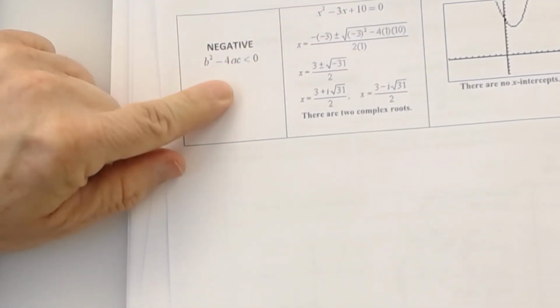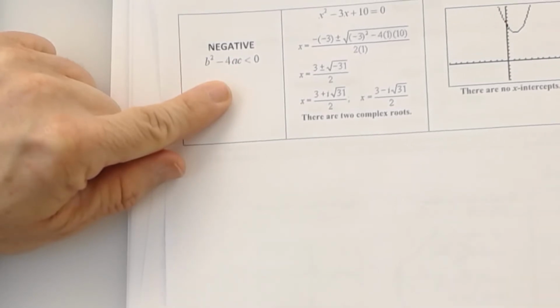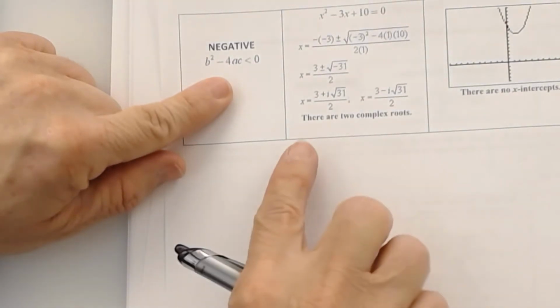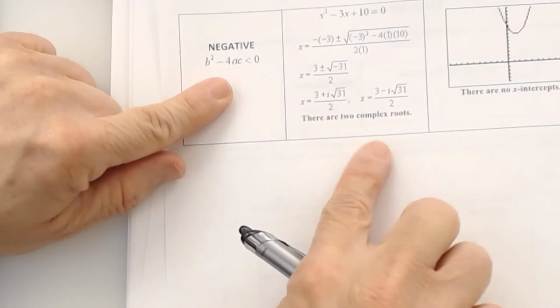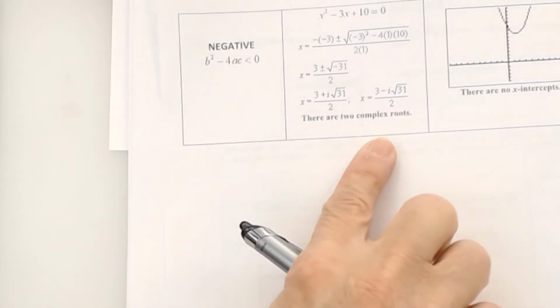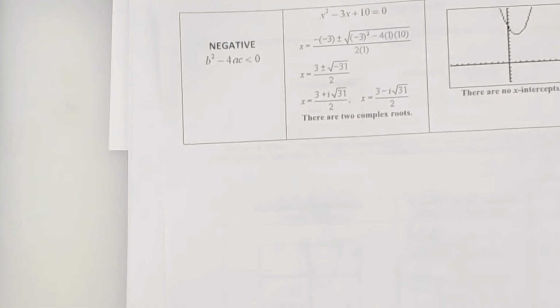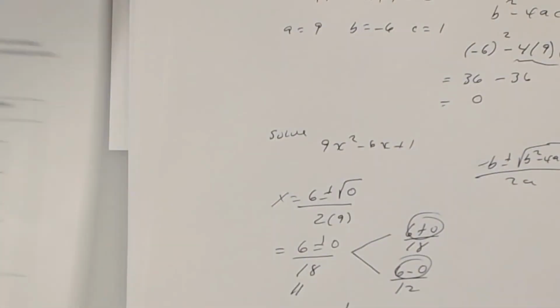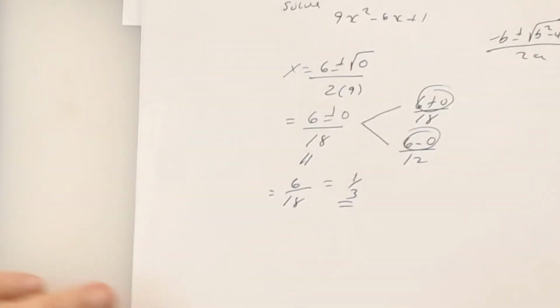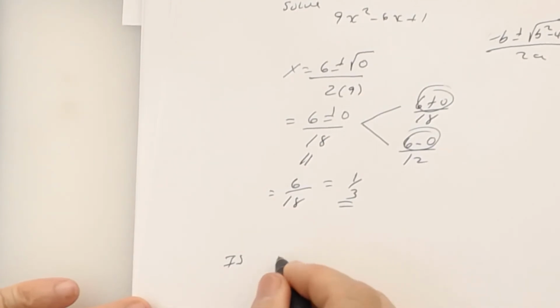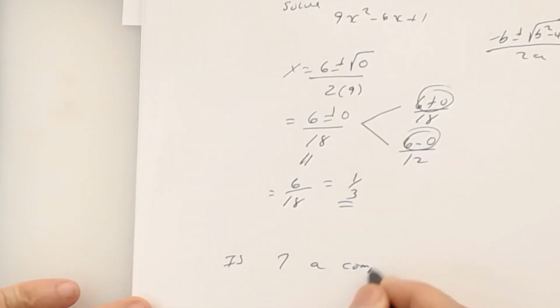Less than 0 means what kind of number? Negative. If it's negative, you're always going to end up with two complex roots, although we call it imaginary, because I want you to remember this. Let's see if you remember this. Is 7 a complex number?